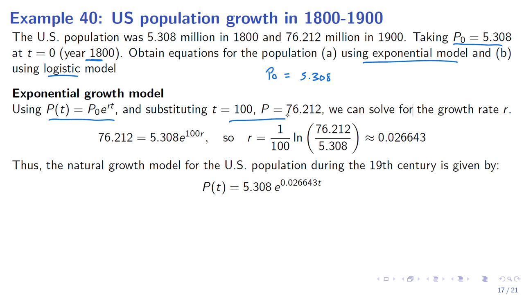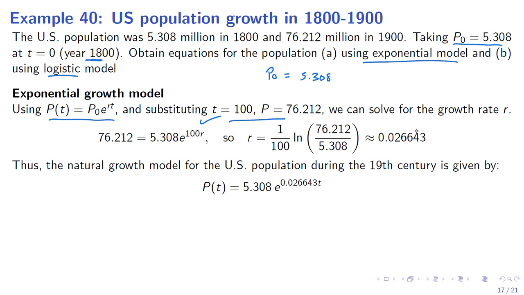Using that, we can write down 76.212 is equal to P naught times e to the 100r. I apply t equals 100 and P equals this. Now we can solve this to get r. I'm not going to show how to get this one. What we did was divide these two numbers, take the natural log, and then divide by 100.